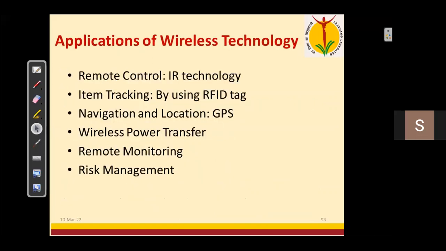Okay, so IR technology is in the remote control, RFID is for item tracking, and the GPS system is used for navigation and location identification.